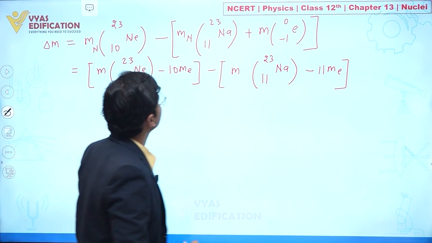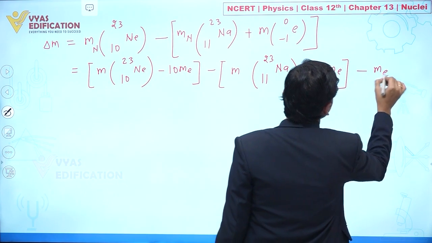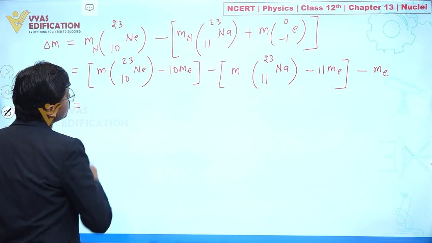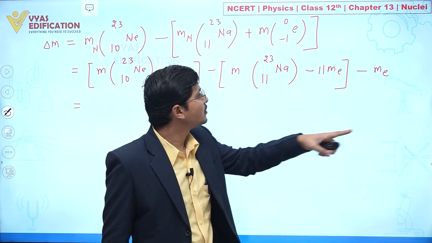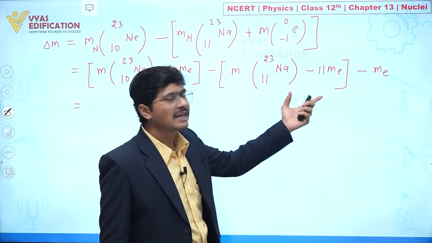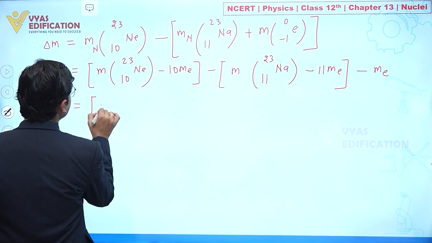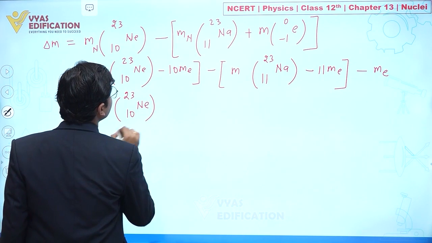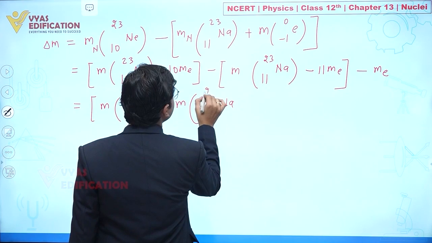Then minus the beta minus particle, which has the same mass as an electron. So minus 10 Me plus 11 Me minus Me, that is minus 11 Me and plus 11 Me, which cancel out. So we can write M of neon-23 minus M of Na-23.